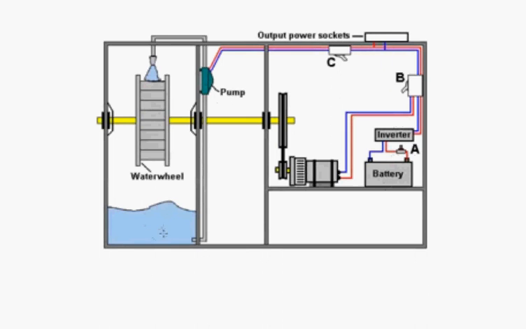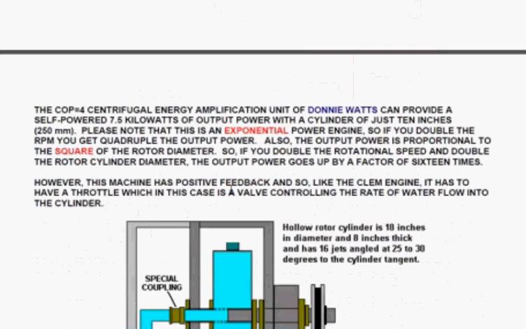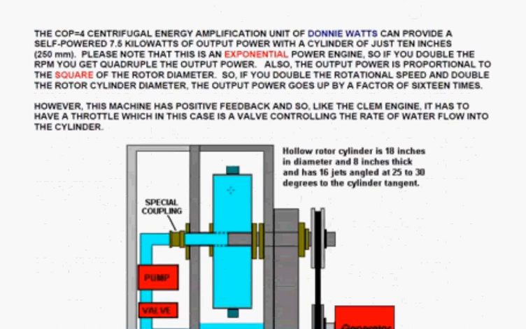The pump takes water from the sump, pushes it powerfully onto a rotating wheel, and then there's a drive to a generator. When the system gets going, you flip the switch here marked B, and the system powers itself. Now that's very straightforward, and it works well.